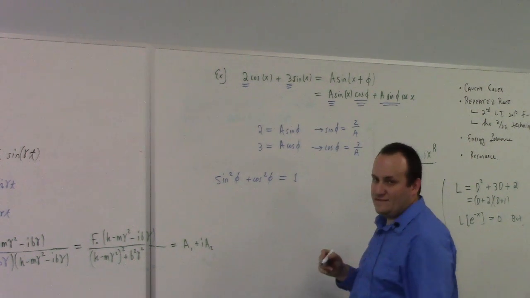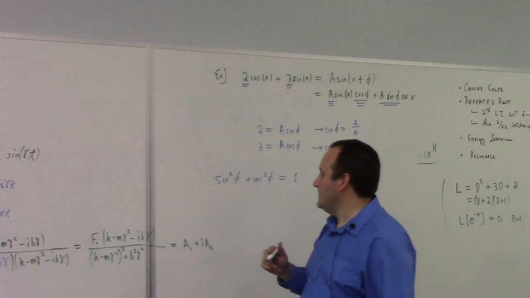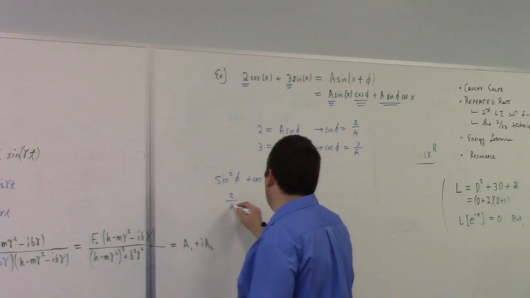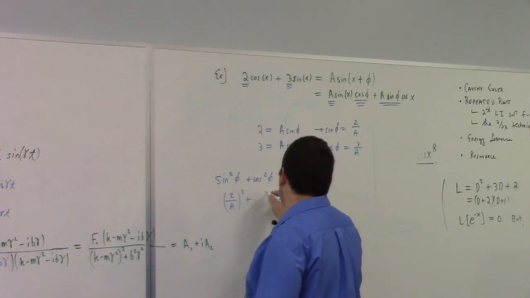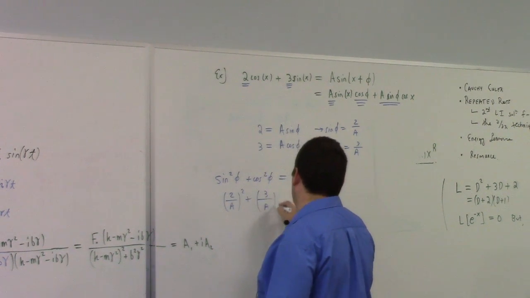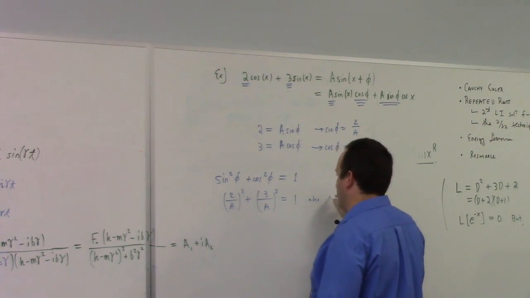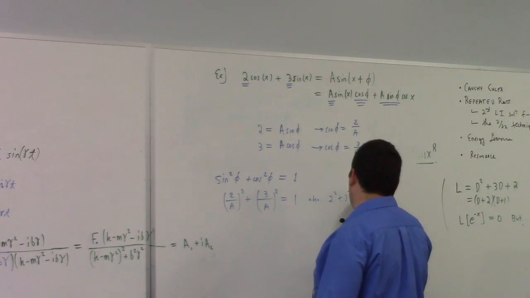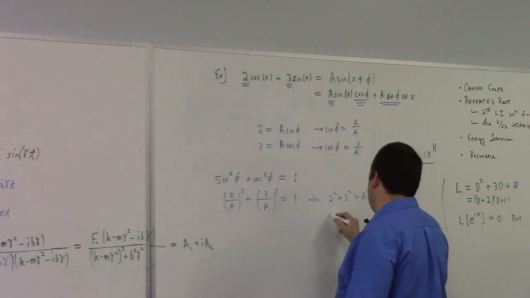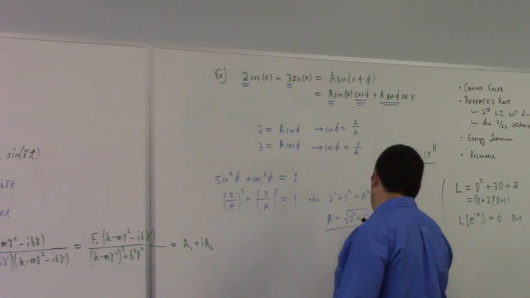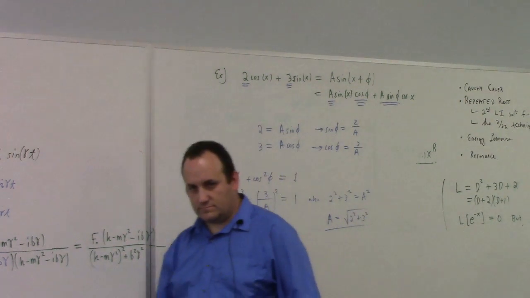I think it's clear that a is non-zero, so we're not in danger here. And so this says that 2 over a quantity squared plus 3 over a quantity squared is equal to 1, aka 2 squared plus 3 squared equals a squared. Aha! A is equal to the square root of 2 squared plus 3 squared.